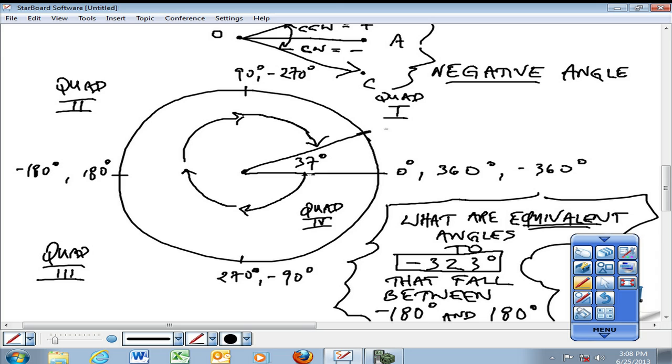So here we are, 37 degrees. We're in quadrant 1, no surprise. Remember, quadrant 1 is any angle between 0 degrees and 90 degrees. It can't be 0 degrees and it can't be 90 degrees.